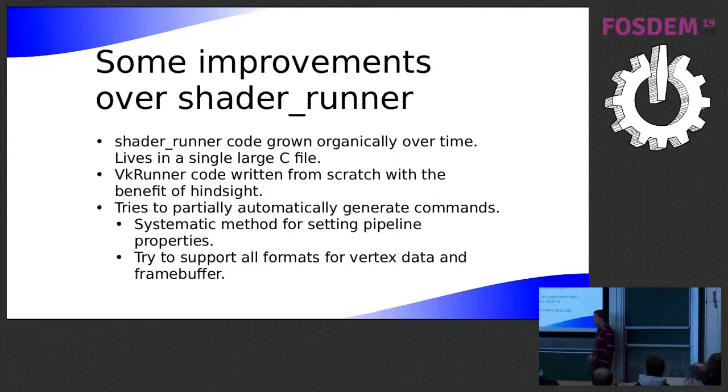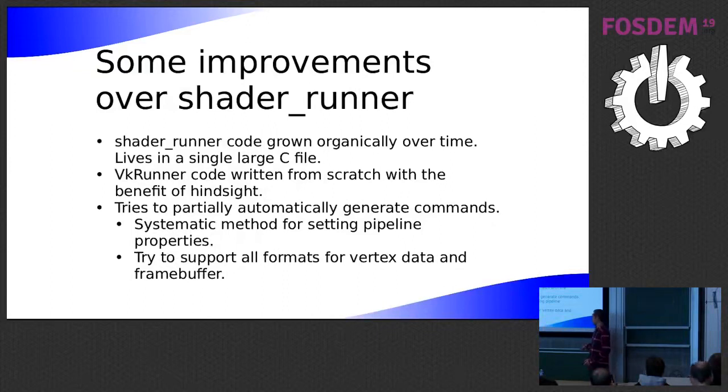And the same goes for the formats that it uses, because in Vulkan there's a really nice enum for all of the formats, and they're structured in such a way that just by looking at the name of the enum, you can work out exactly how to store data in that format.